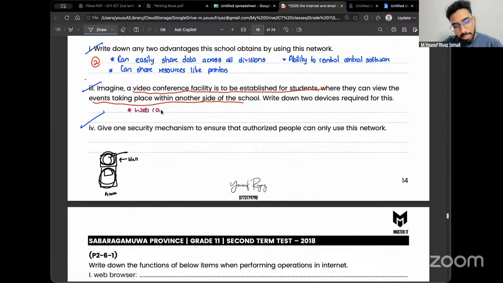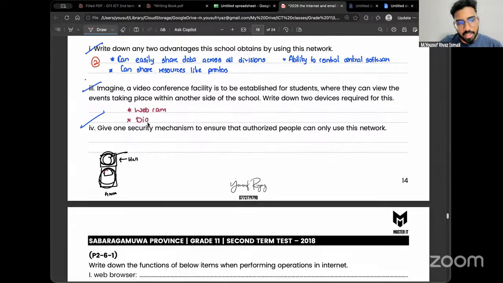Now, apart from using a webcam to capture the stuff, what is the device we need to show the stuff? To show it in the grounds, not a computer. Exactly.